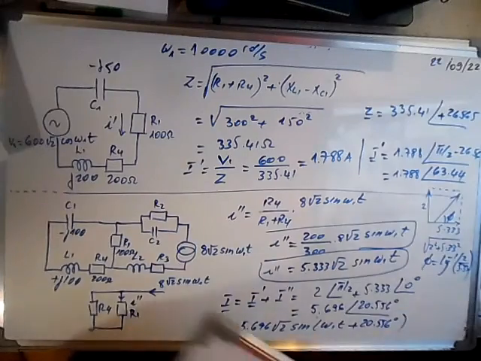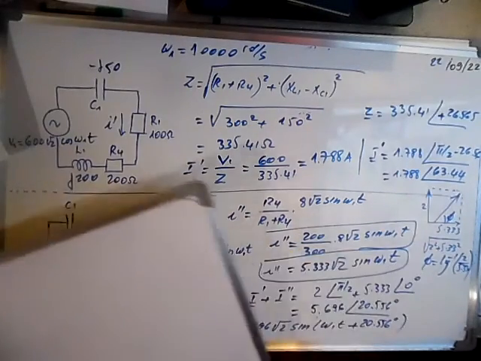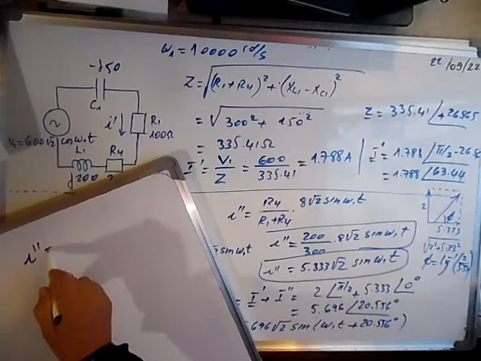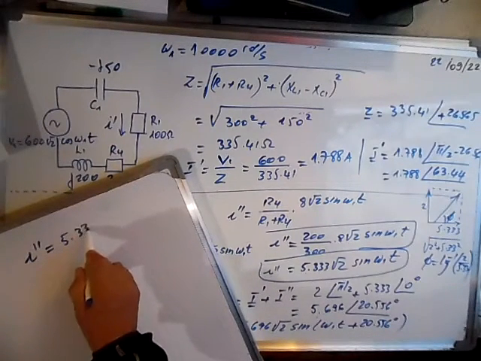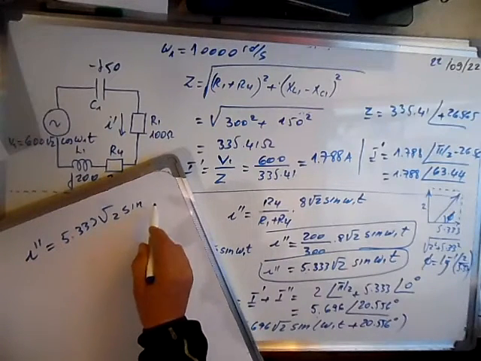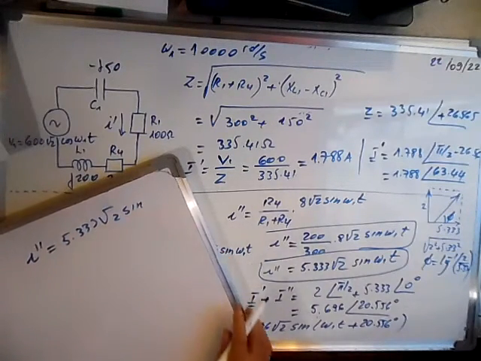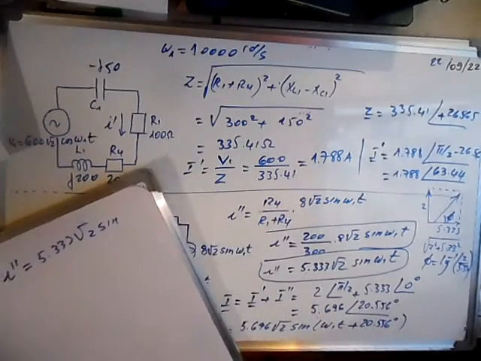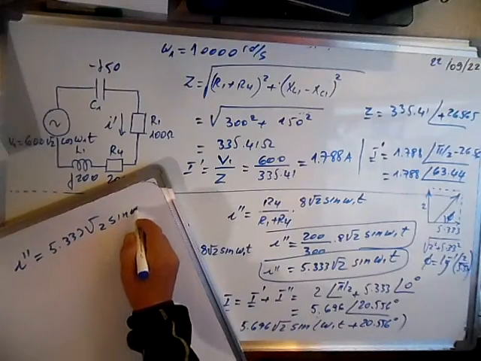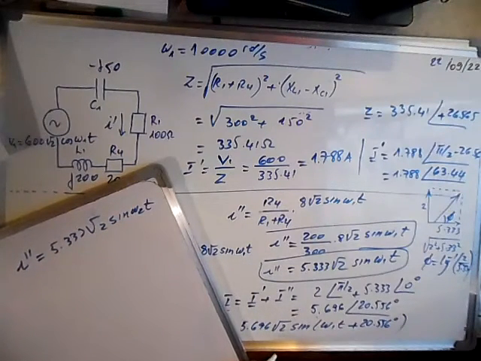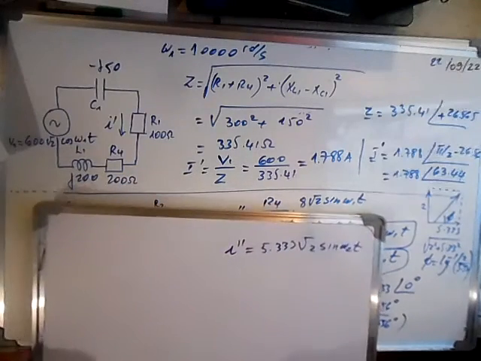Let's take another board. So let's write first I prime. I2 prime is the same: 5.333 square root of 2 sine omega 2 t. This stays the same.